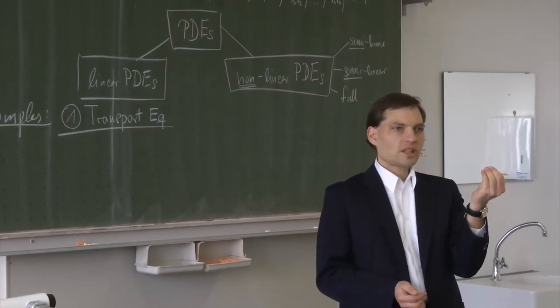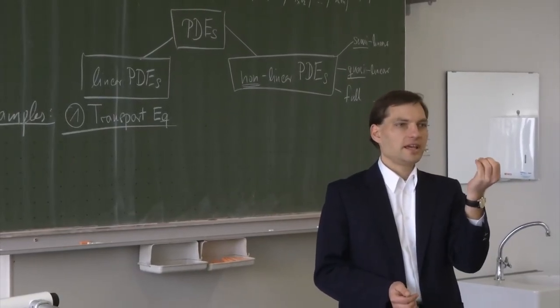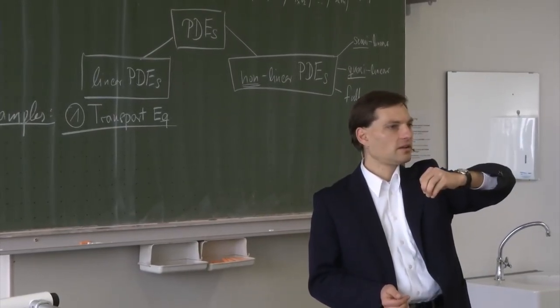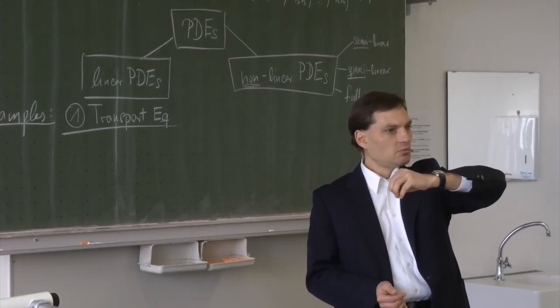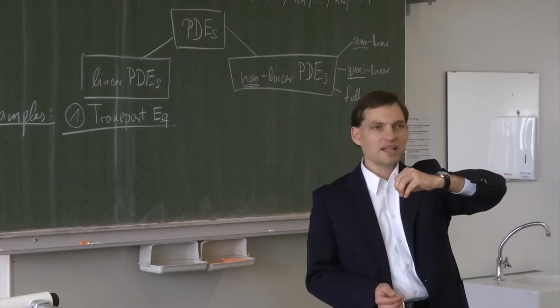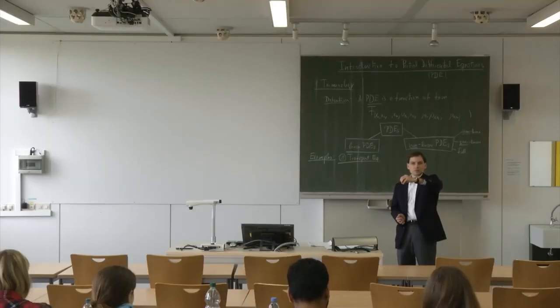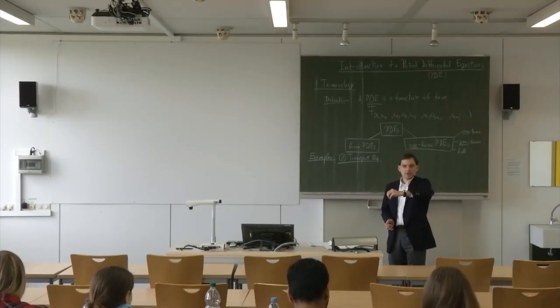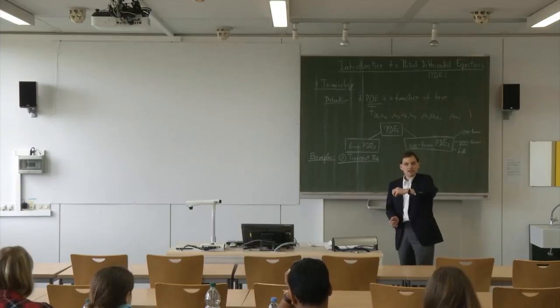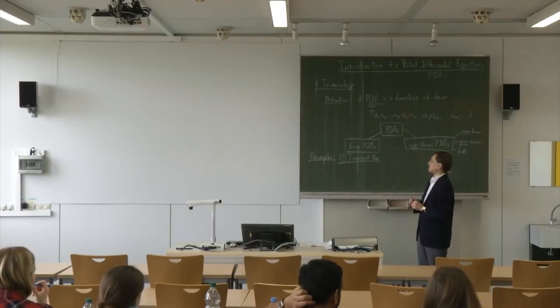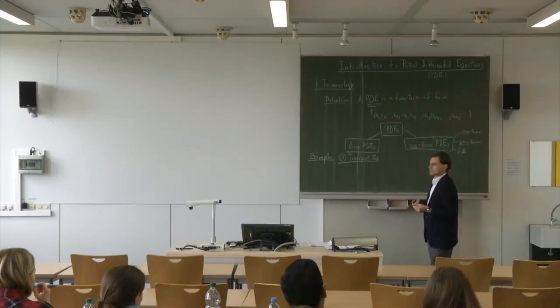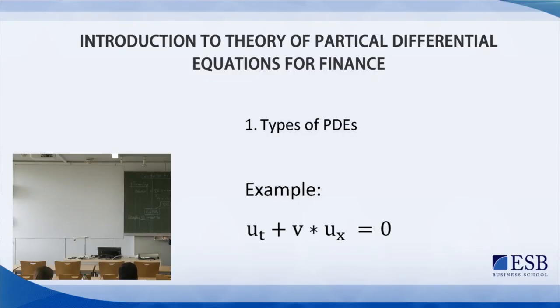Suppose you have a substance in a river, and then you follow how this substance is moving over time and space. So where is this substance, the next time period, at what space? The transport equation is actually telling us the dynamics of this substance. And how can we describe this in mathematics? Well, it can be described by a partial differential equation.